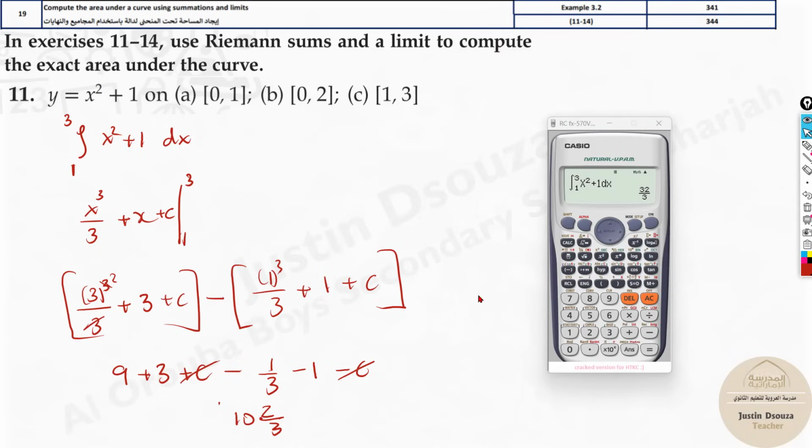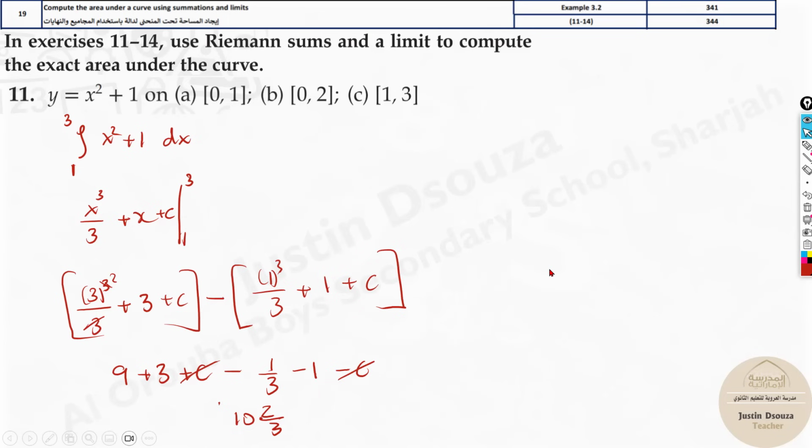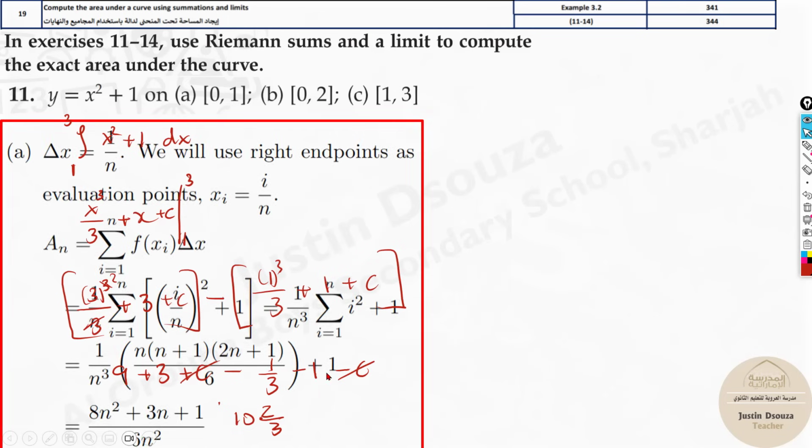It is 11 minus 1/3, that will be 10 2/3, and that's the correct answer. Generally your answers will be like this, 32 by 3, a fraction. I wrote it this way because it's simple to understand. So that's how we can do the direct substitution and solve.